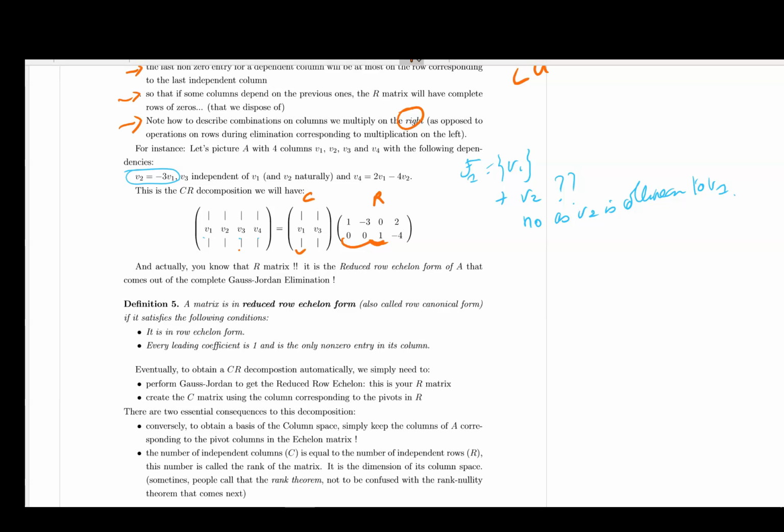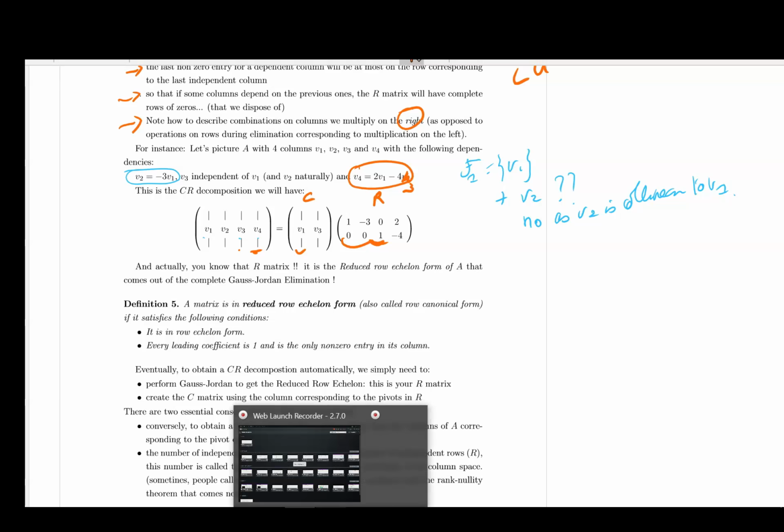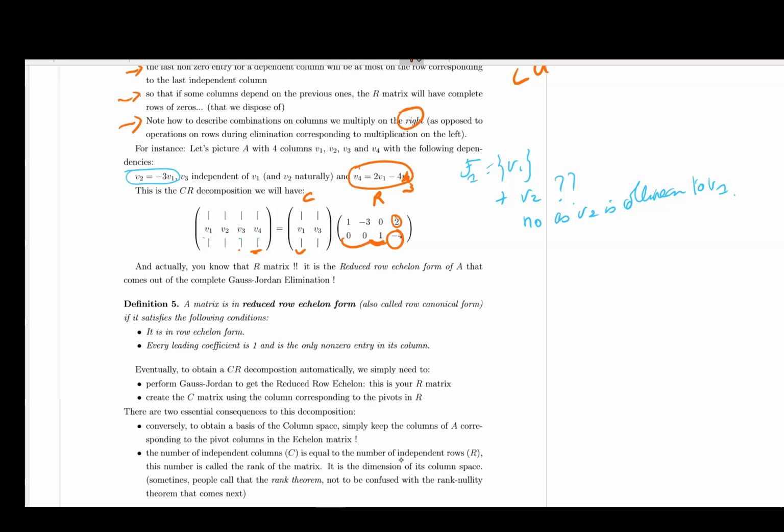And next comes V4, and V4, we said, is 2V1 minus 4V3. And so in that case, we should have 2 for the V1 and -4 for the V3.